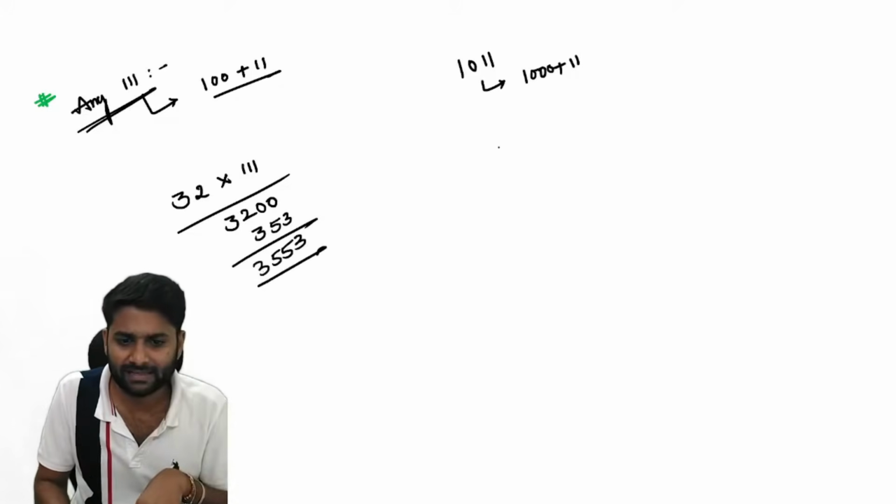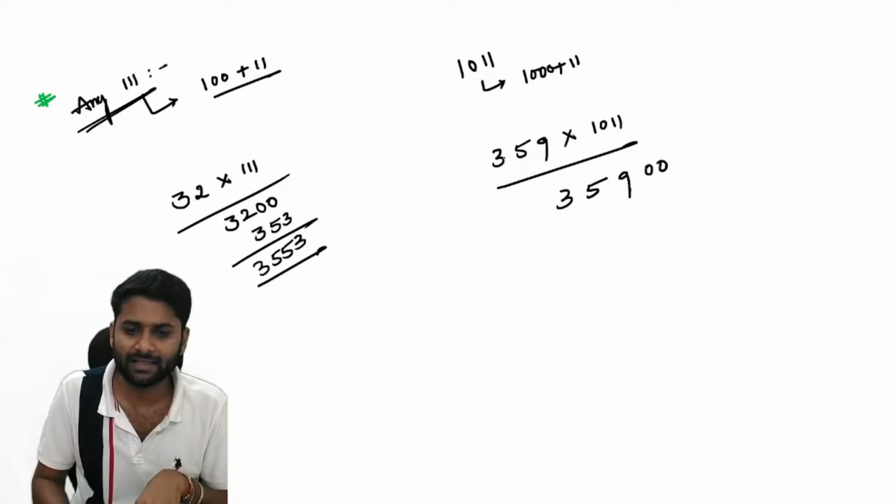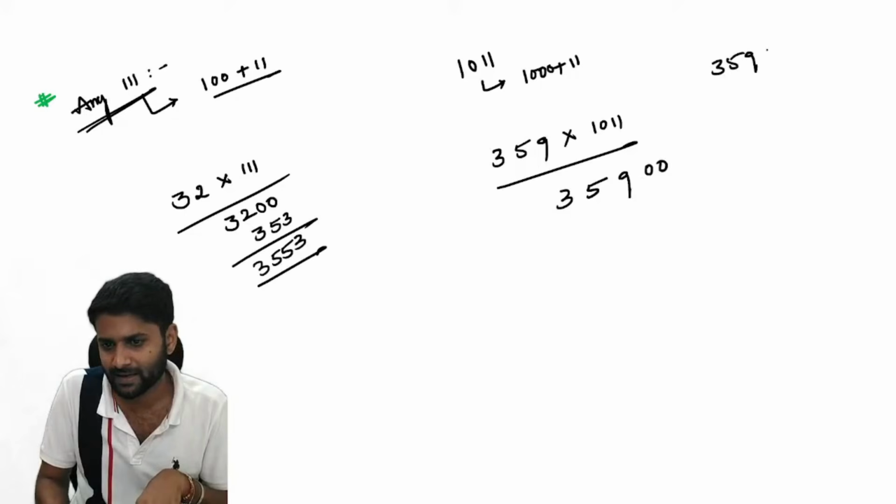If any three-digit number, like 359, is multiplied with 1011. First one, 359000 is not needed; it is 359 times 100, that is 35900. Then the next one, 359 multiplied with 11. Now here 3 as it is. 3 plus 5 is 8. 5 plus 9 is 14, 1 carry over. 9 into 1 is 9. It's 3949.